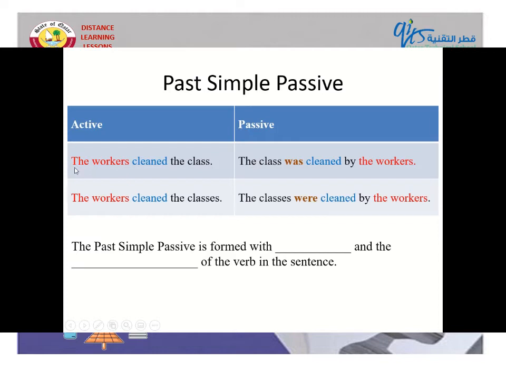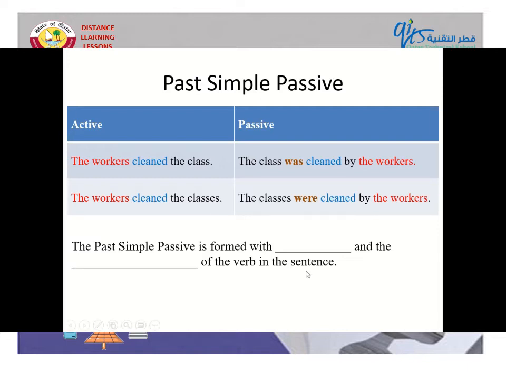So we have: the workers cleaned the class, and the passive voice is: the class was cleaned by the workers. Number 2, the workers cleaned the classes, and the passive voice is: the classes were cleaned by the workers. So now, can you fill out the gaps?